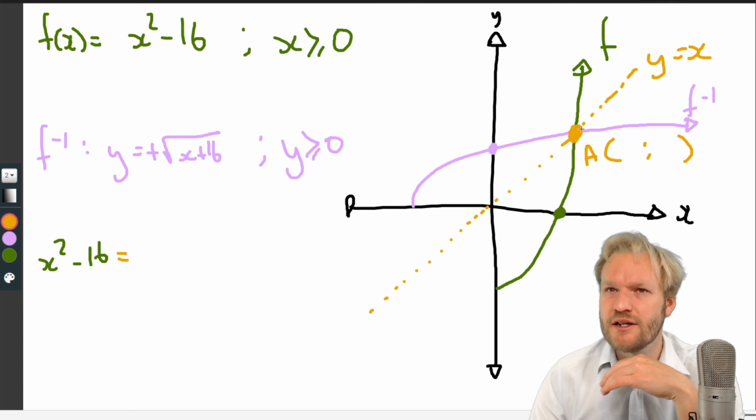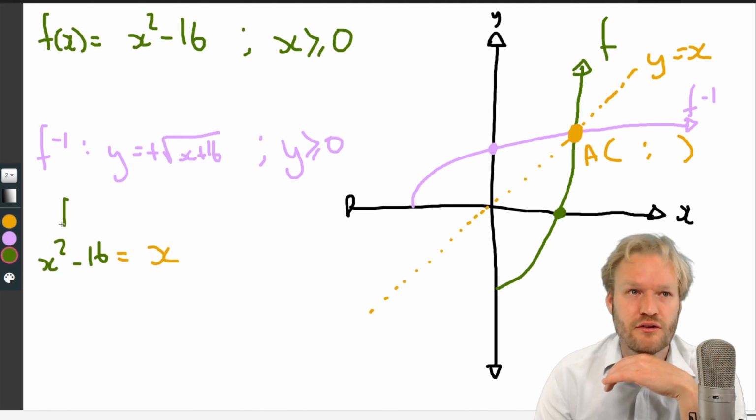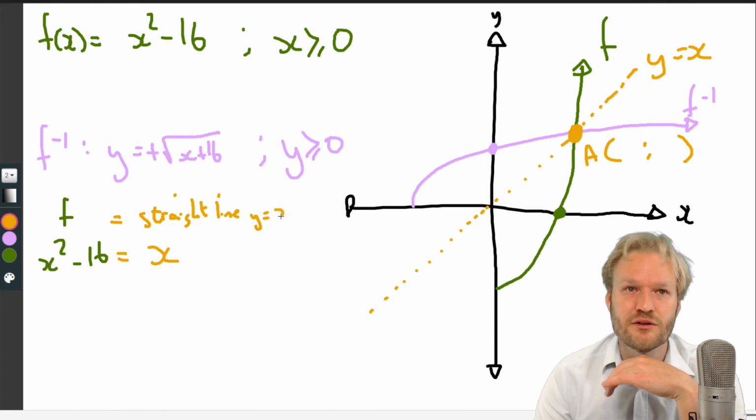Because look, this point A is the intersection between our original parabola and the straight line y equals x. So when is our original function, when is f equal to that straight line, the straight line y equals x?